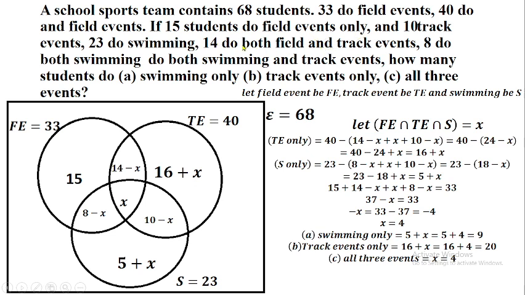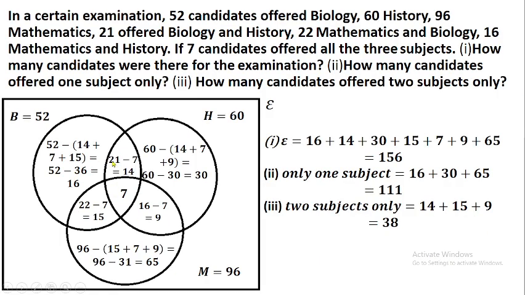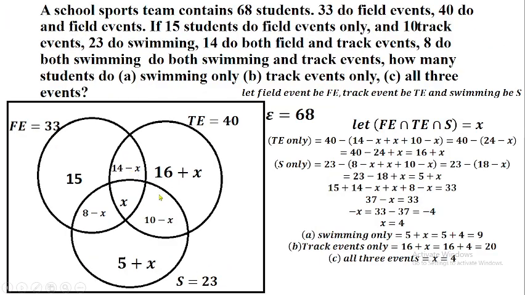If they said that 14 do both field event and track event only, then it will be right, you write 14 here, but you don't put only. That means you need to remove people that are here from it, just like we removed 7 from 21 here, that gave us 14. The same thing there, you remove your x from people that did both track and field events.